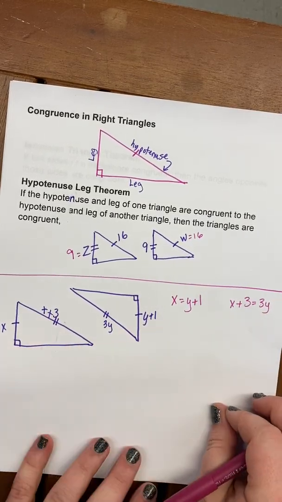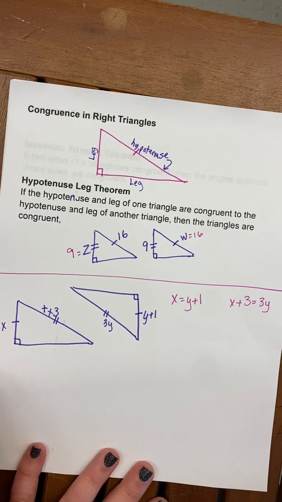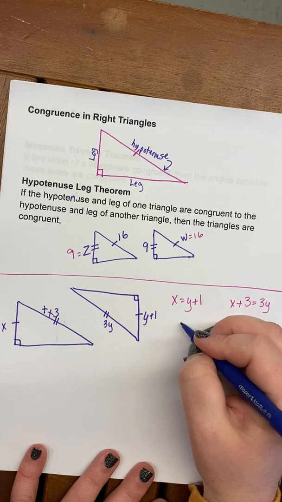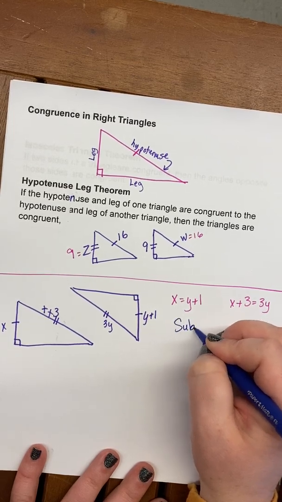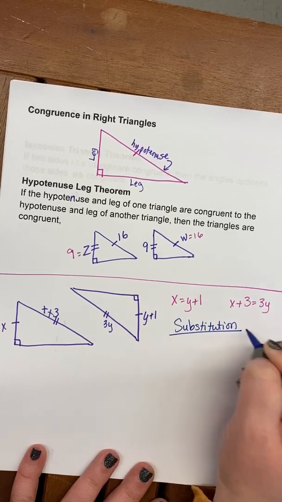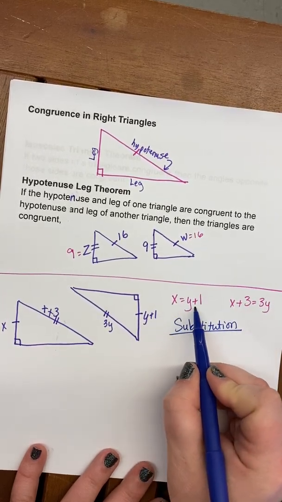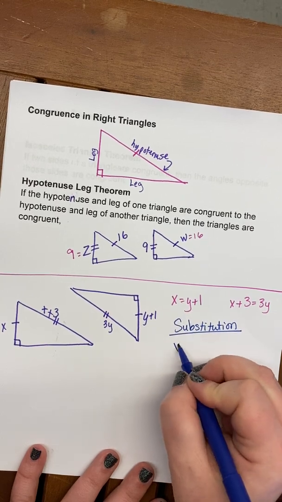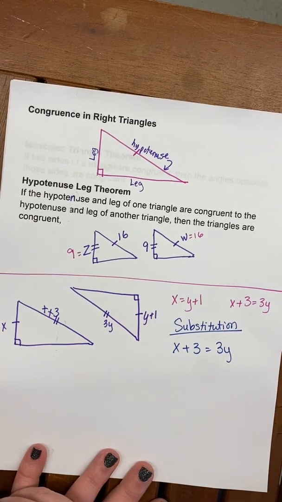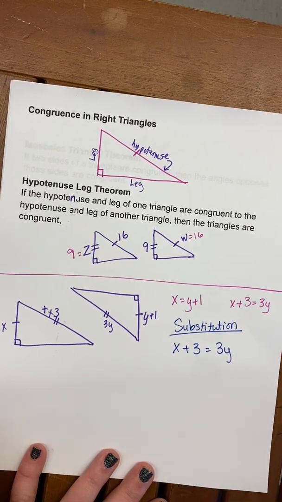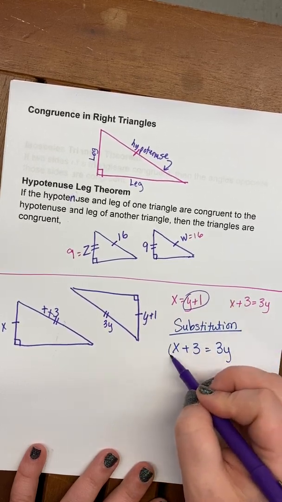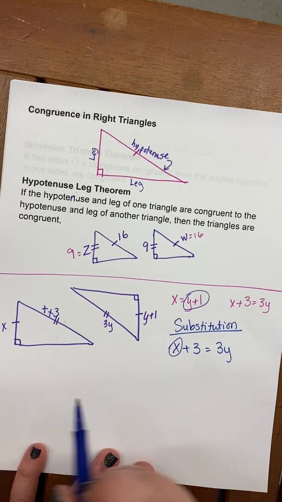I know that. All right, now I'm going to use the substitution property. So I know that x is equal to y plus 1. I can take this equation and replace x with y plus 1.